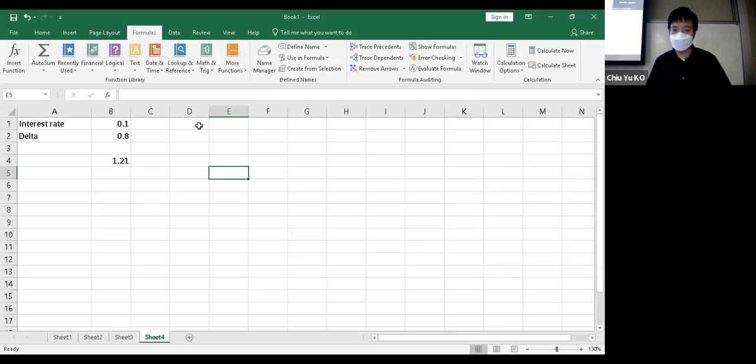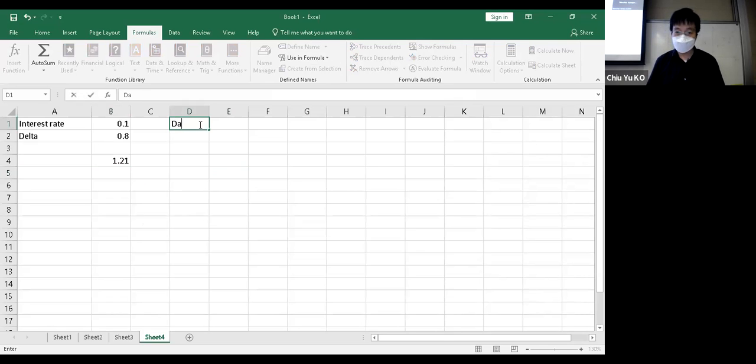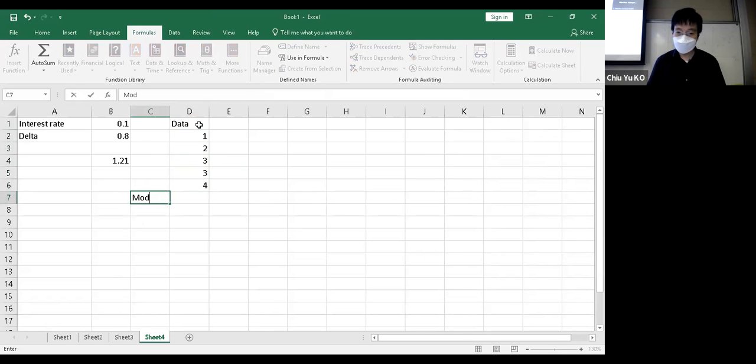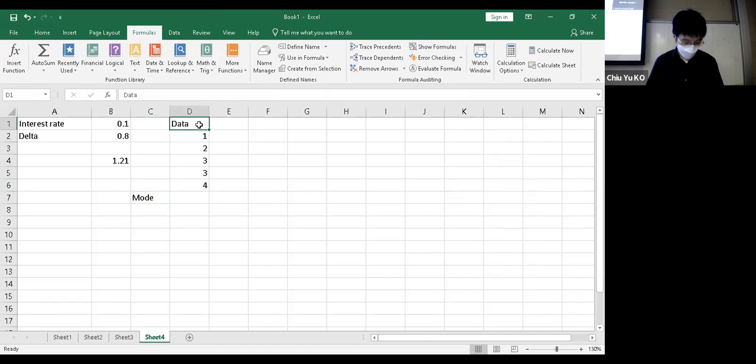So suppose our data now is, say, 1, 2, 3, 3, 4, okay? For this case, suppose I want to find the mode here. Maybe I change it to here, a little less tedious. Okay, this is data.